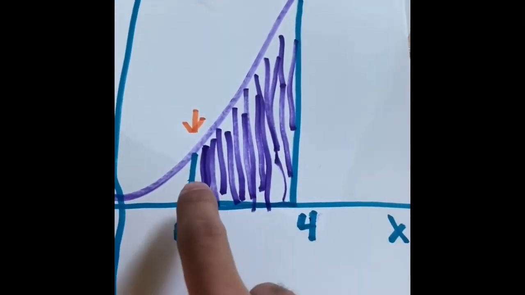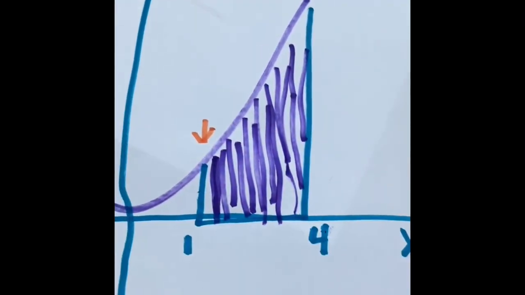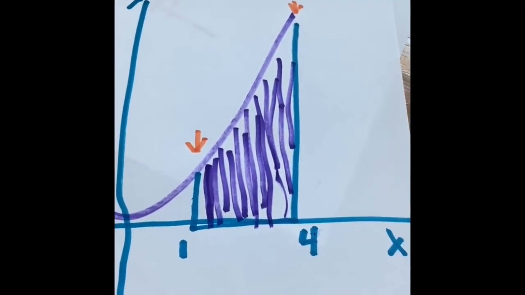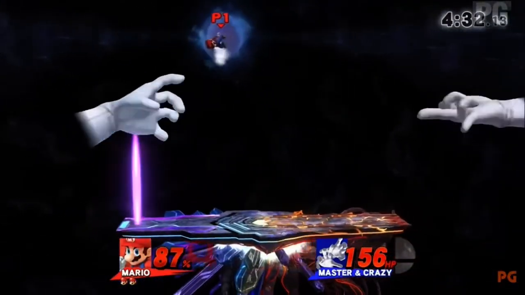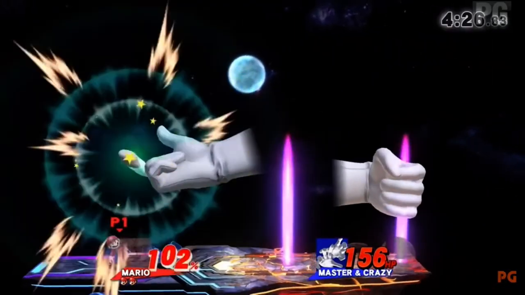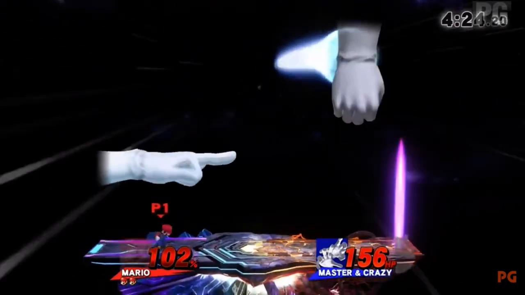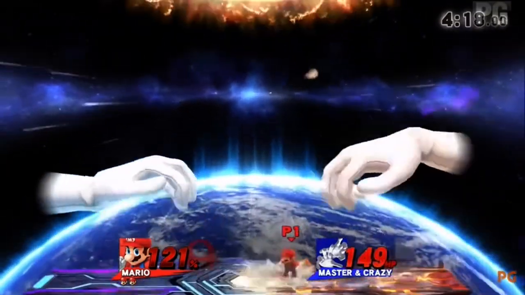You must calculate the area inside here. You can't go out of it or you'll be breaking the boundaries. So the integral is basically saying, this is your workspace. Mario has to stay in between those pink laser thingies.